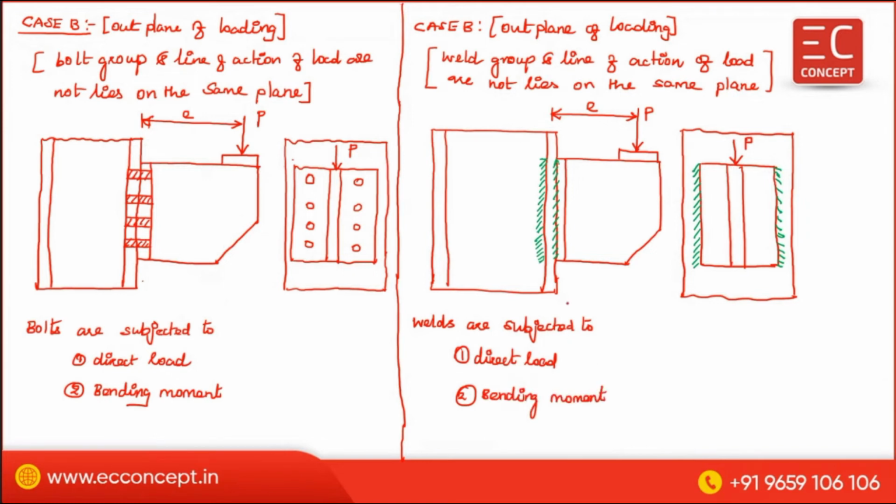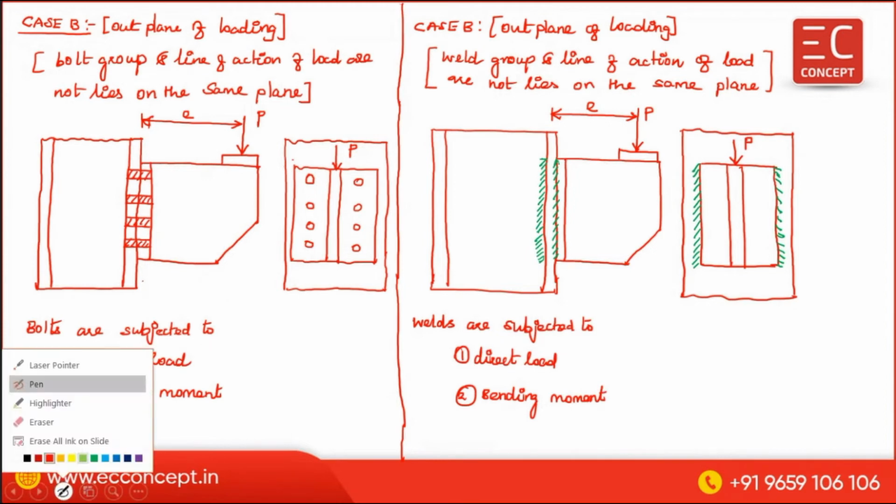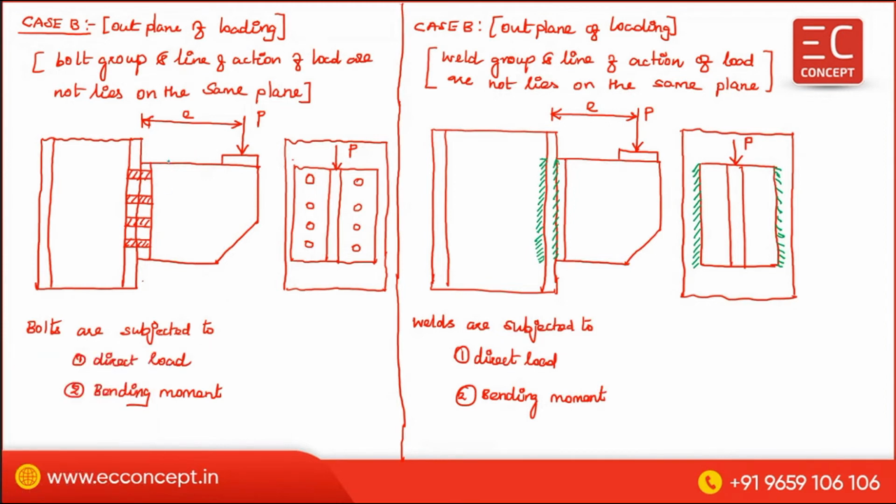Here the direct load. See, for this case, the direct load for welding. Okay, so if you resolve this force, then this is the direct load P, and this is the bending moment P into E, and the resistance will happen above the neutral axis. This is the PD, and because of the bending stress here, the PT will be active. This is the tension stress due to bending moment.